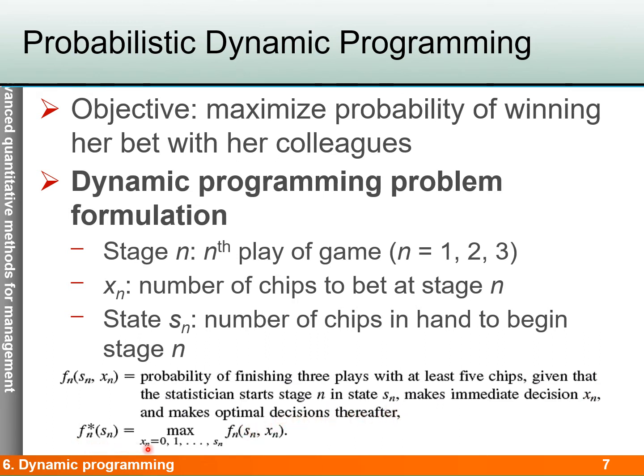And obviously, she knows that fn*(Sn) is the maximum of fn(Sn, Xn). So let's see in our next slide, in a diagram, what this formula is and what its mathematical form is.